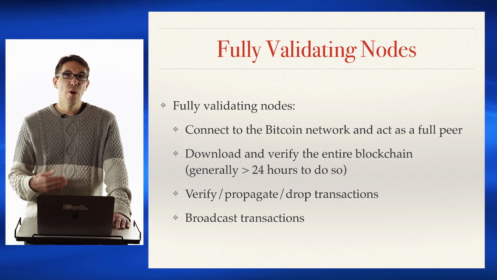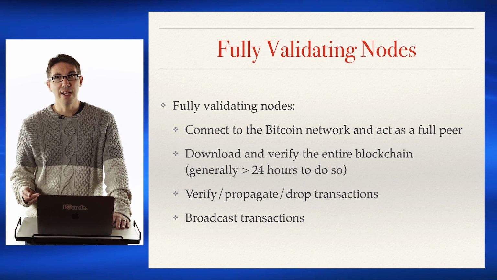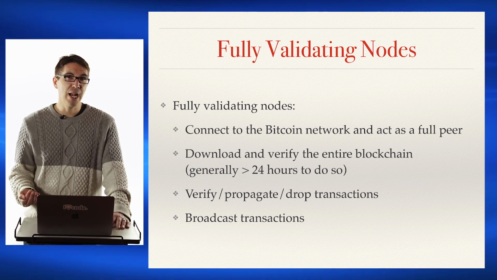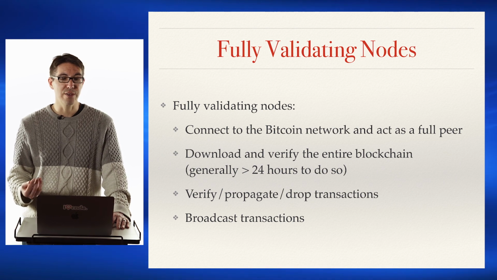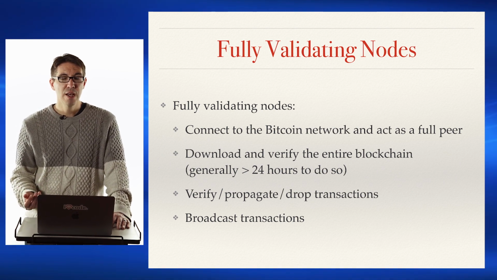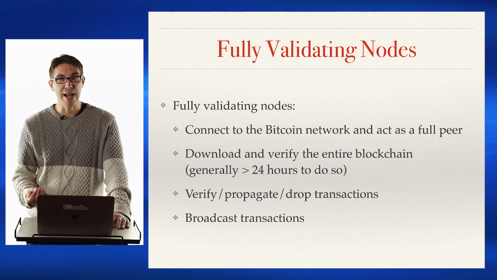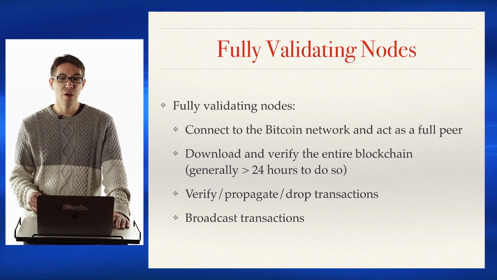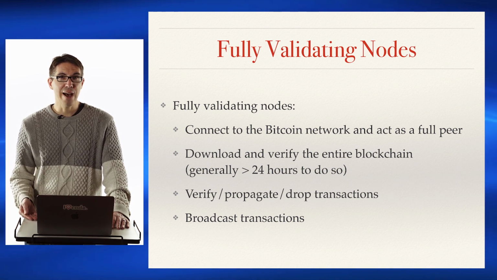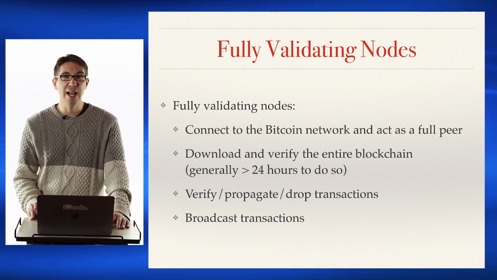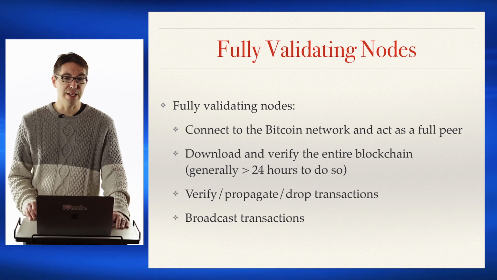I already mentioned that there were different kinds of nodes. When I showed Bitcoin nodes that were accepting transactions and propagating them on to others, and perhaps eventually trying to create their own blocks if they were also mining nodes, these are full nodes, or fully validating nodes. These are nodes that connect to the Bitcoin network directly and act as a full peer. They are going to need to download and verify the entire blockchain to make sure that any transactions that they propagate are in fact valid.